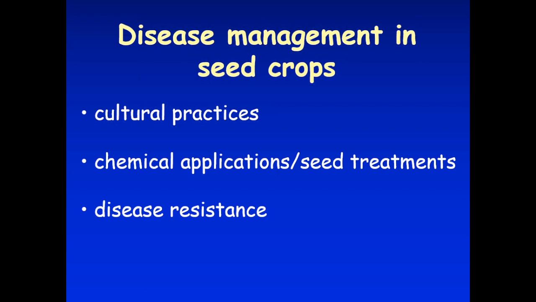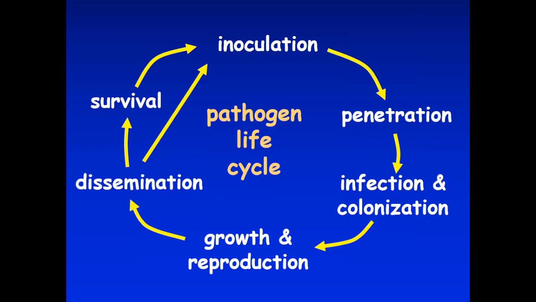When I work with growers on trying to manage diseases in their seed crops, it's really helpful to recognize that the pathogen is a living organism. And just as we as living organisms have periods of our lives we're more susceptible or more prone to certain things, the same thing with the pathogens. They have certain stages in their life cycle where you are more likely to be effective in managing that pathogen than others.